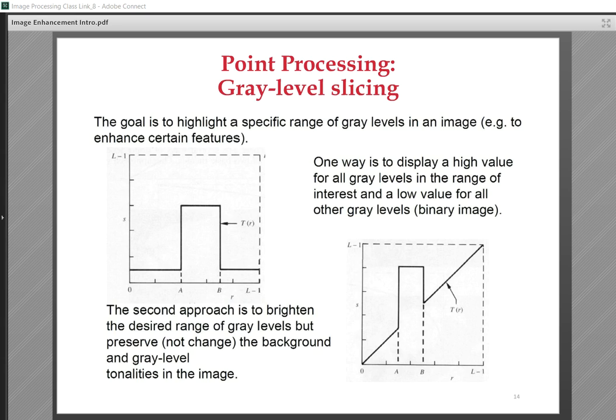You can change only these items, for example, gray levels between A and B. Gray levels between A and B go to a brighter gray level, or more intensity. All other levels are the same, or unchanged.